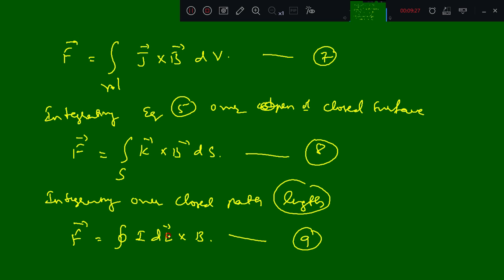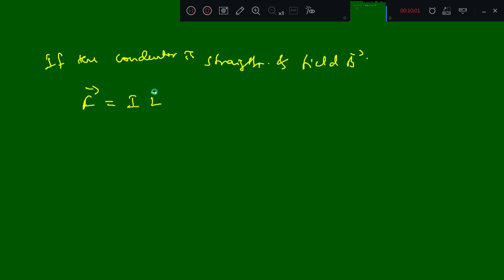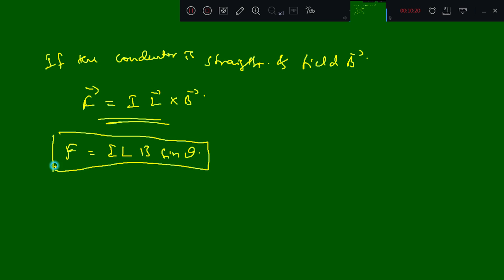If a conductor is straight and the field B is uniform along it, then integrating equation number 6, we get F equal to I L cross product with B, and the magnitude of this value is force equal to I L B sin theta.